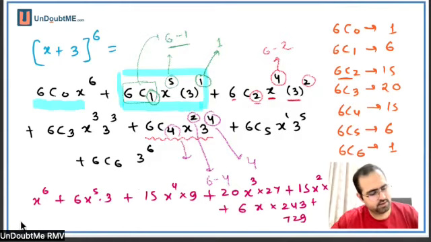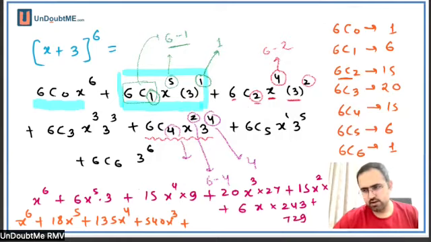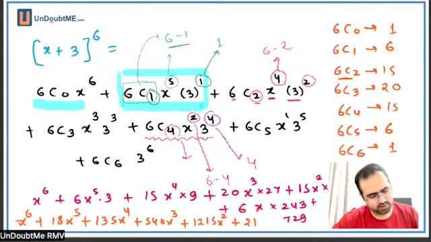So my final answer is x to the power 6 plus 18 x to the power 5 plus 135 x to the power 4 plus 540 x cube plus, what is 15 into 81? 1215. 1215 x square plus 1458x. 6 into 243 will be 1458.